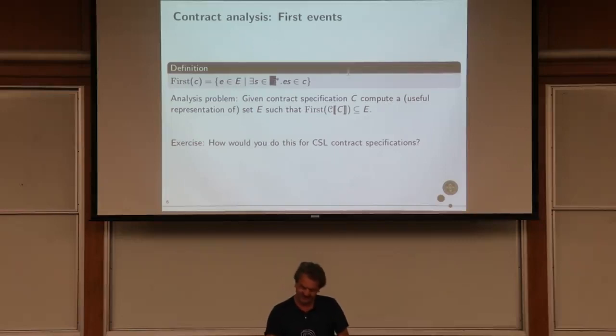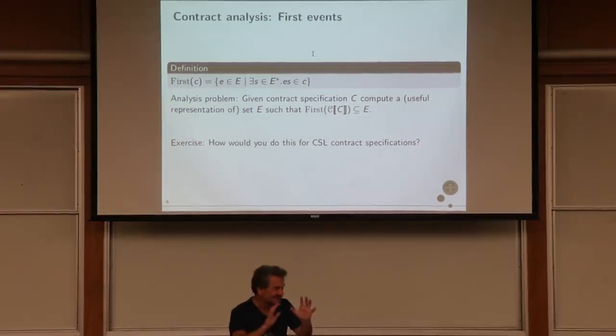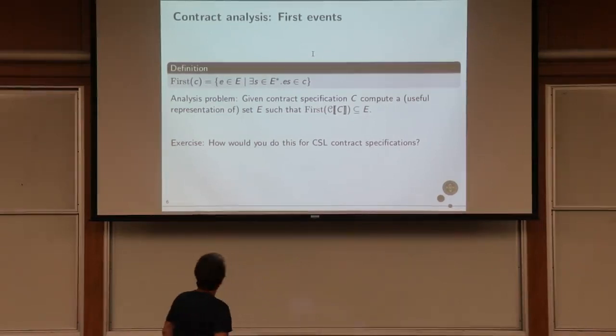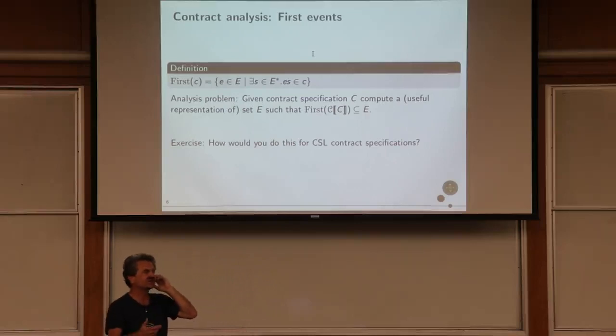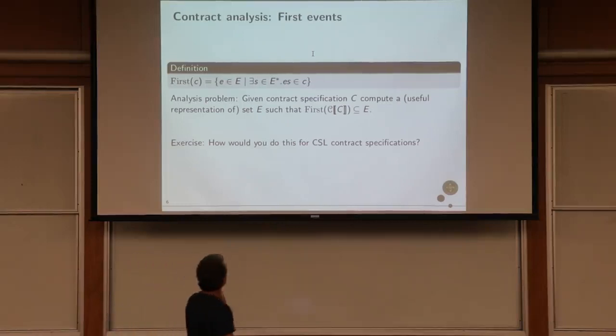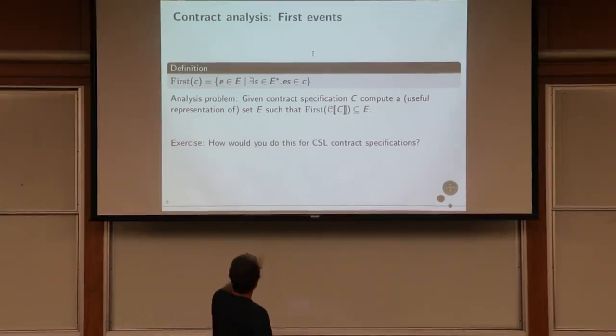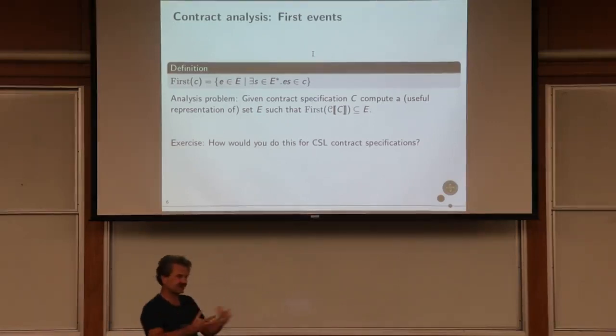Yeah. So what we're looking for, let's look at the formula again. It says we'll look for all the events that can be the first ones of a satisfying sequence. Okay? That's all it says. And it's a lowercase c, so that means that's the denotation, or that's this set of sequences.